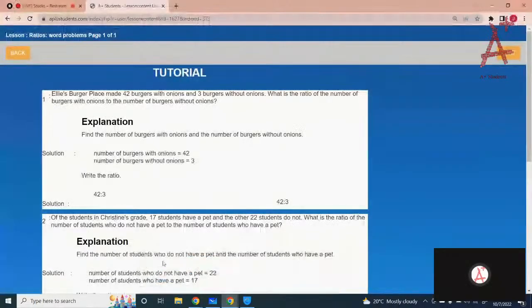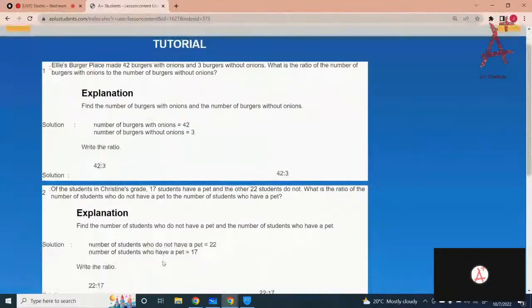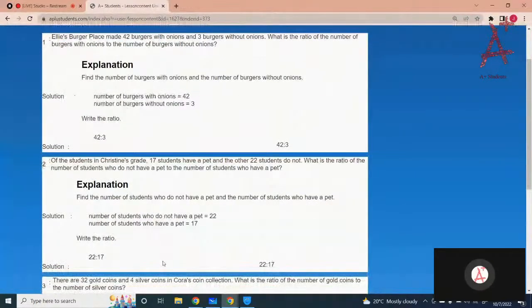Okay, read the next question. Of the students in Christine's grade, 17 students have a pet and the other 22 do not. What is the ratio of the number of students who do not have a pet to the number of students who have a pet?